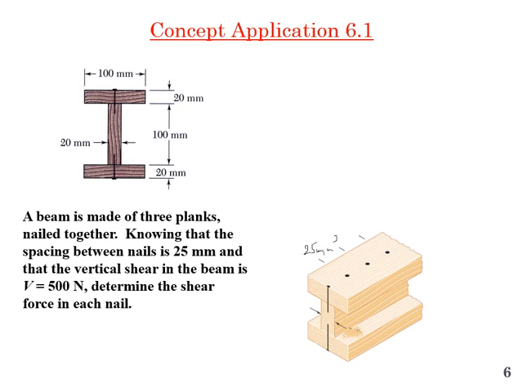So the spacing between the two nails is 25 millimeter. And the vertical shear on the beam is 500 Newton. So if I take any section on the beam, the shear force acting is 500 Newton. We have a constant shear force acting on it. We have to find the shear force in each nail. How will we find it?